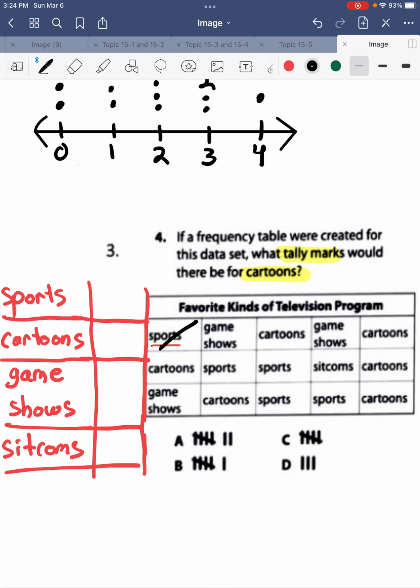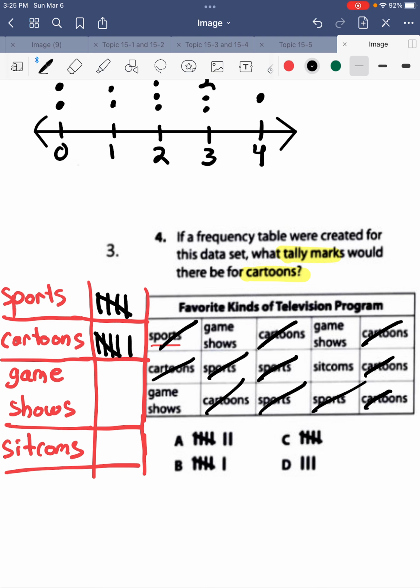I have 1, put a tally, 2, another tally, 3, another tally, 4, another tally, 5. So I have 5. For cartoons, I have 1 tally, 2, 3, 4, 5 tallies, and another one, 6.